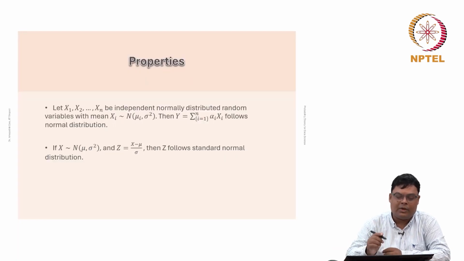Now, one of the important properties is that if x1, x2, ..., xn are independent normally distributed random variables, then their linear combination will also be a normally distributed random variable.